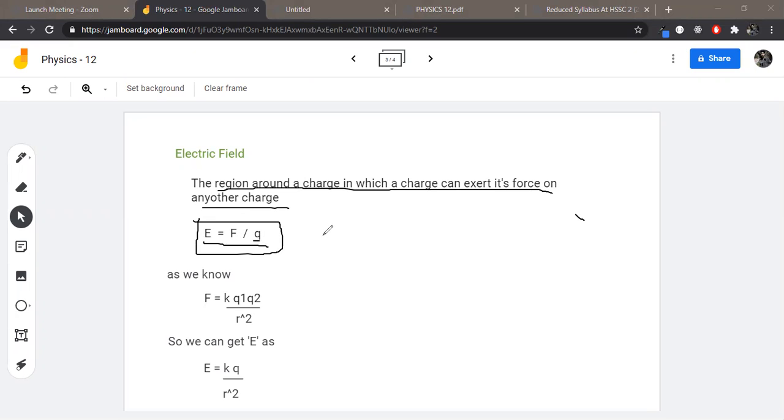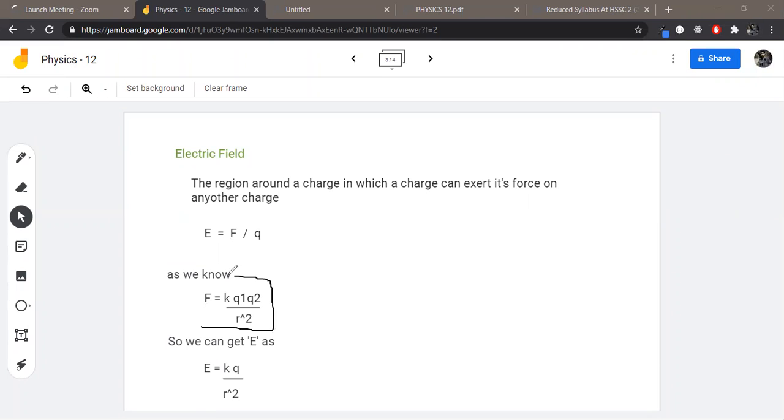Suppose we have any charge, and the force that it can exert is the electric field of that charge. So as we know, the force F is equal to k q1 q2 over r square. This is coming from Coulomb's law, and by replacing this force value into this equation, what we'll get is E equals k q over r square.